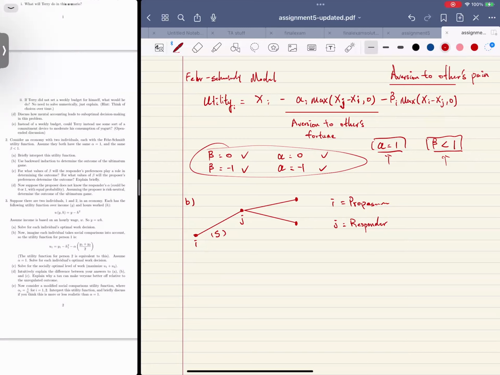And then what's the outcome? Yes and no. So when it's no, nobody gets money, right?